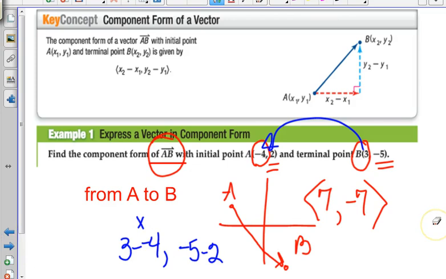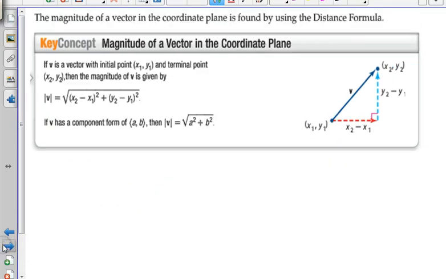So on this question, if we wanted to find out how long this vector is from here to here, well, we could say if it went to the right 7 and down 7, then we could do the Pythagorean theorem. Square root of 98, maybe? Or 7 square root of 2. Anybody know where I got that? Special right triangles, right?